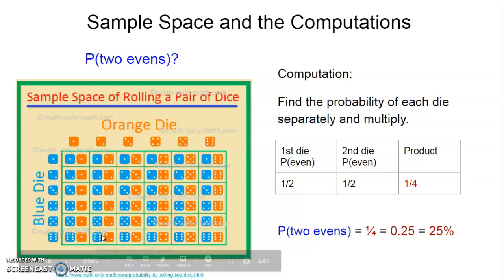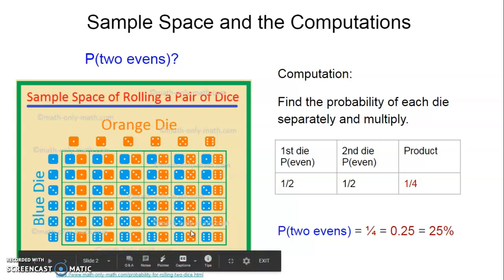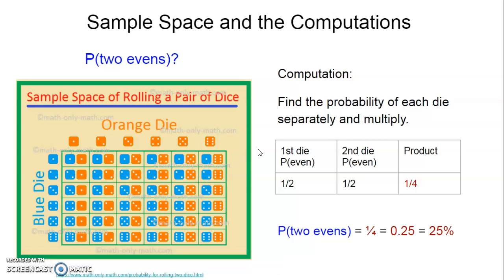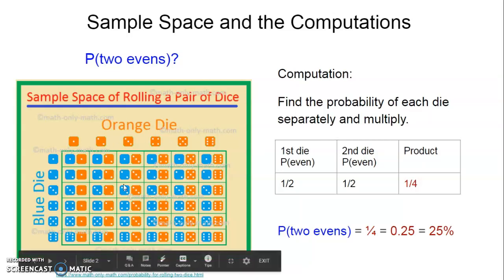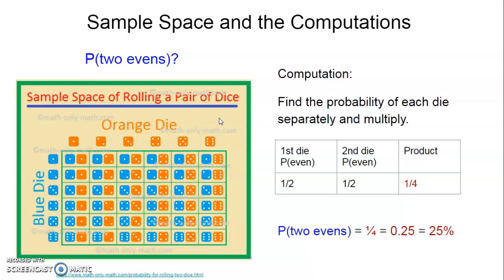And if I come down here to the 6s, I've got 3 possibilities on the row of 6s. So I have a total of 9 possible situations where I could get two even numbers. So if I'm just looking at this, I'm going to say I've got 9 possibilities out of 36. If I reduce that to lowest terms, I have 1/4, which is 25%.